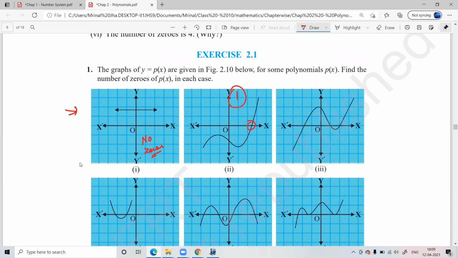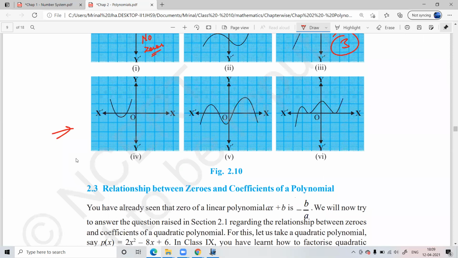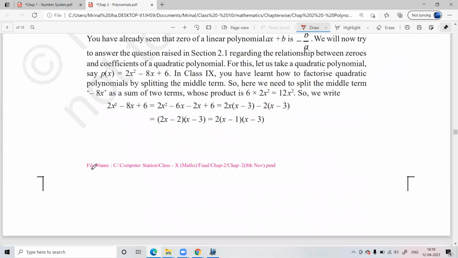Next one? 3. 3, sir. Yes, this one? 2, sir. 2 zeros. Yes. Fifth one? 4. 4 zeros. Yes, good. This one? 3. That's good.